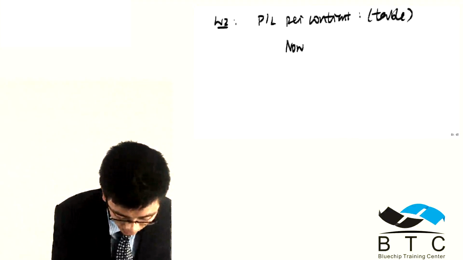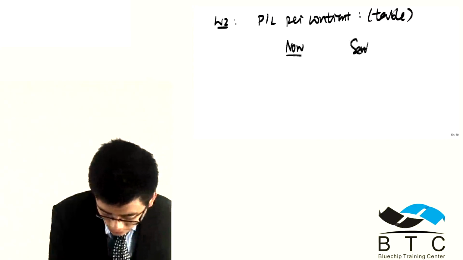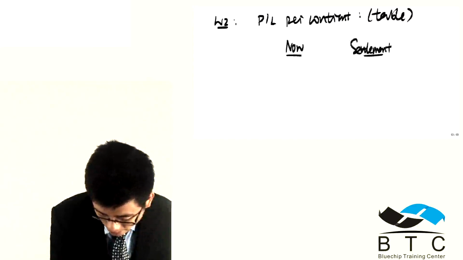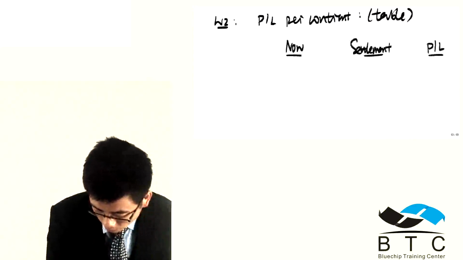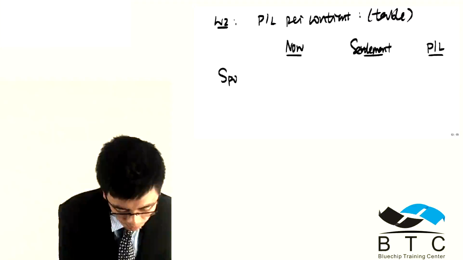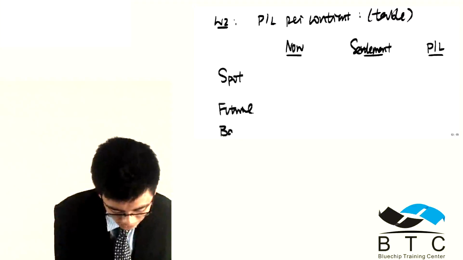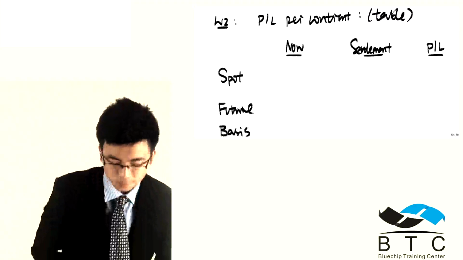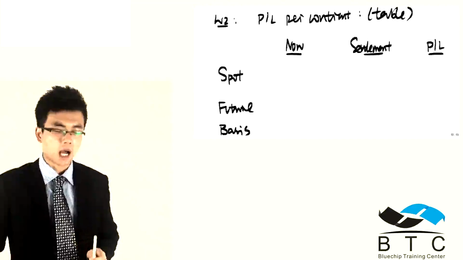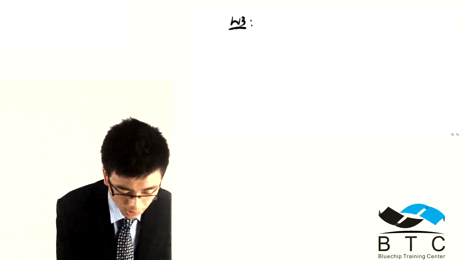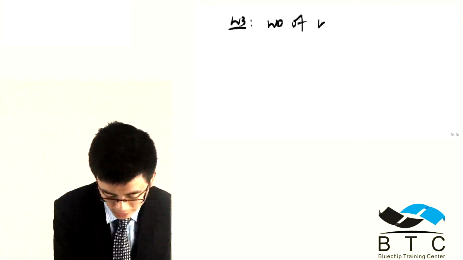And now, and the settlement, and then profit losses. So you're going to take the spot minus the future, giving us the basis. Okay, so this is working number 2. And working number 3 then is about the number of contracts.